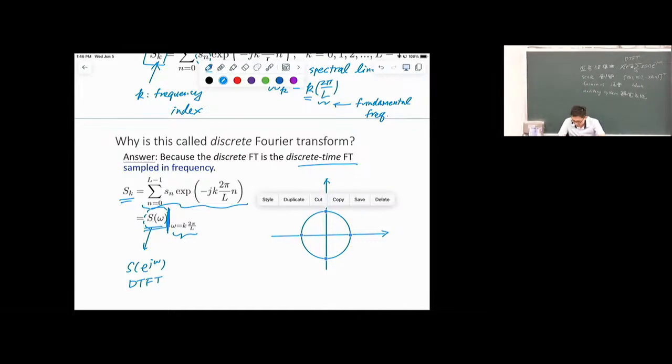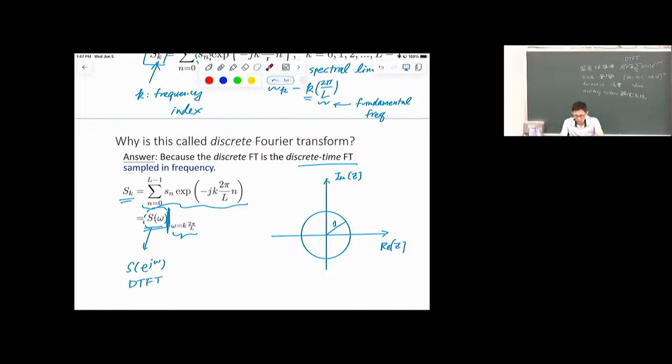So if this is the real part of Z, and this the imaginary part of Z, and this is the unit circle that we often look at, then we know that DTFT is the Z transform evaluated on the unit circle. But now, what we're doing here is to cut pizza on the unit circle.